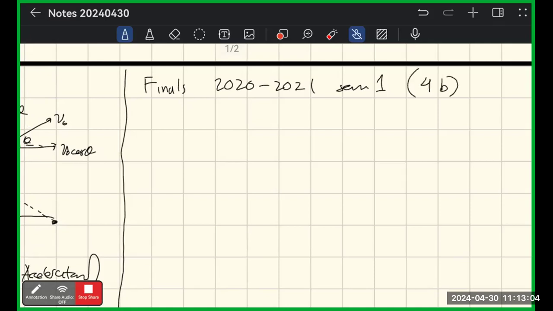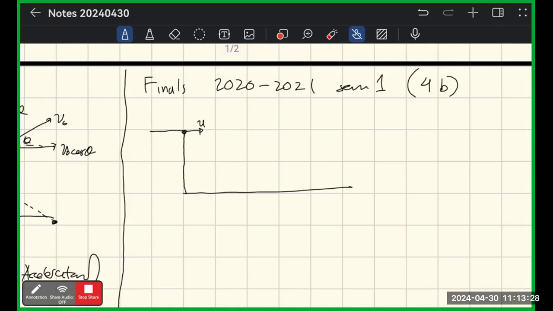A ball is thrown horizontally from the top of a cliff. So this is a cliff, and it's thrown horizontally with a speed u. At any moment, its direction of motion makes an angle theta with the horizontal.